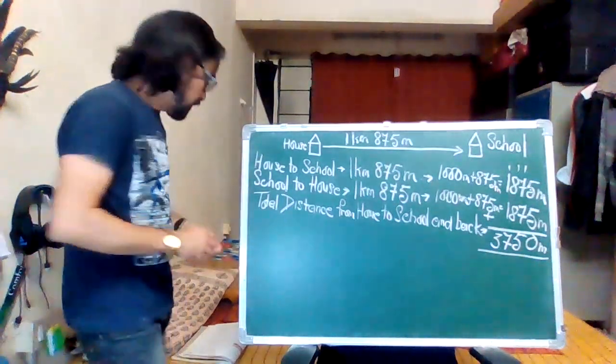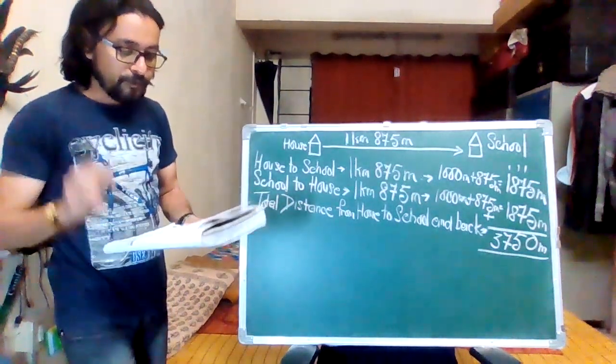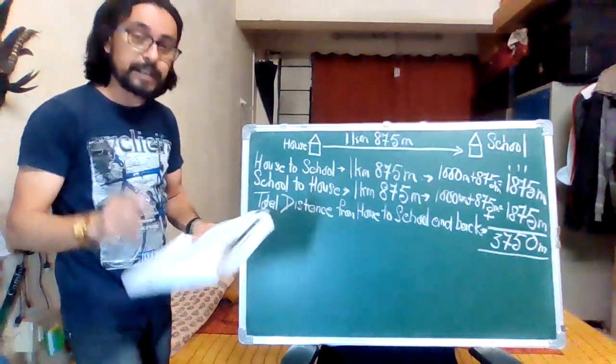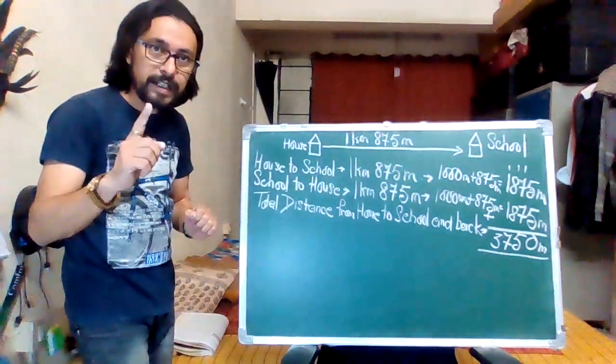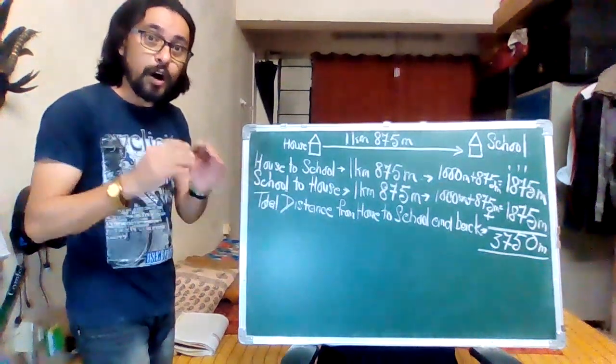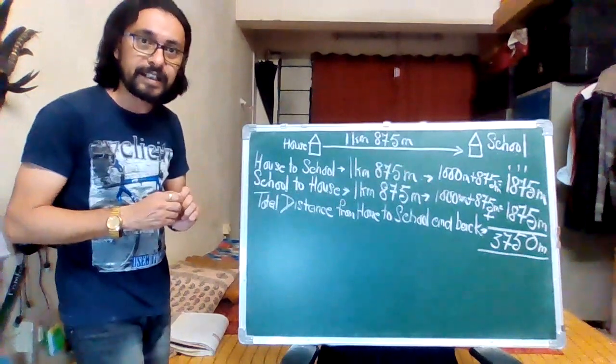Now, the question is that they've asked us, find the total distance covered by her in 8 days. If that is the distance that she's covering in one day, that means to find how much distance that she'll cover in 8 days, I have to multiply that number by 8.